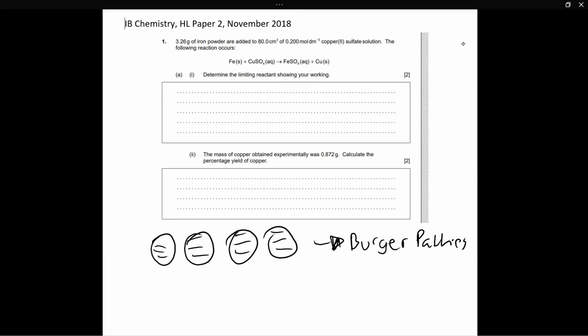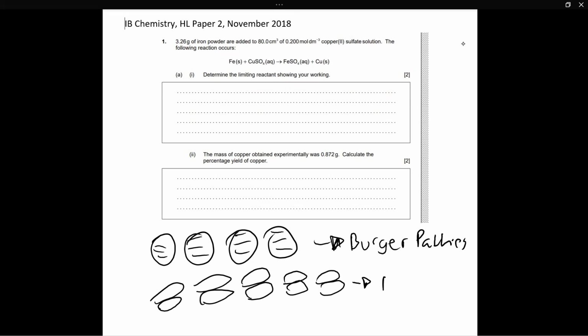And you have burger buns as well. So you have five burger buns. I know they look nothing like them, but just imagine that they are. You're preparing food for a party, and you have five burger buns.